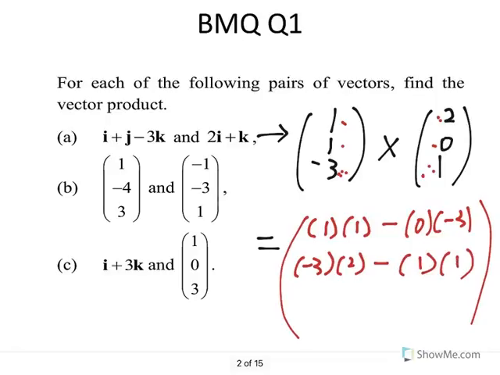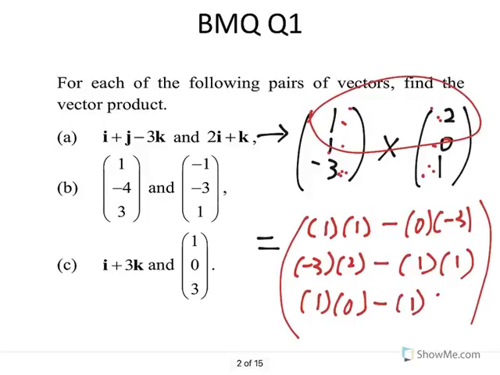For the third, let's look at the front two: 1 and 0, 1 and 2. Simplifying this answer, it should give us 1, negative 7 and 2. This is for part A.